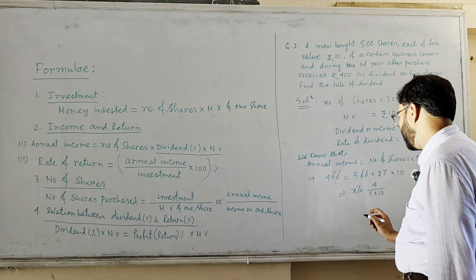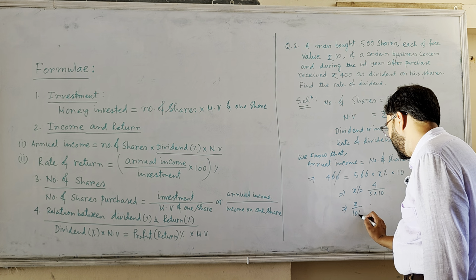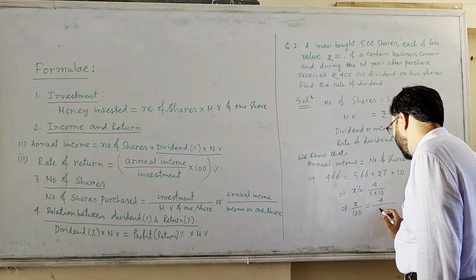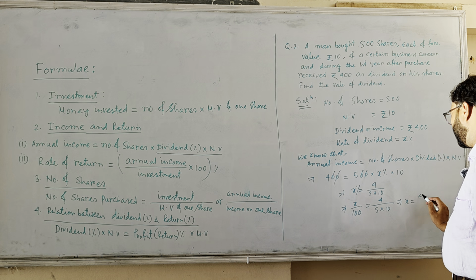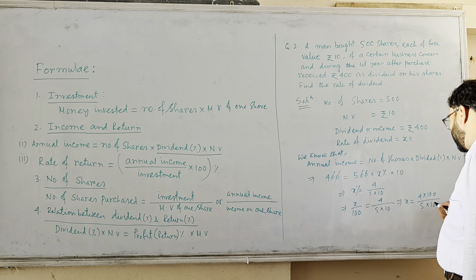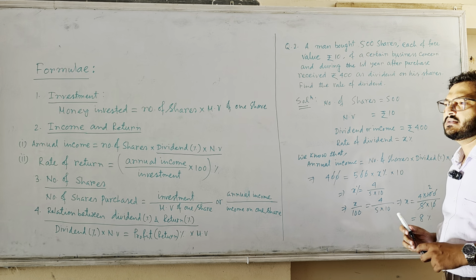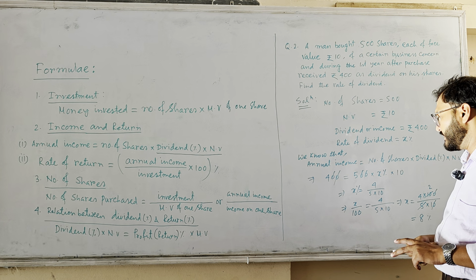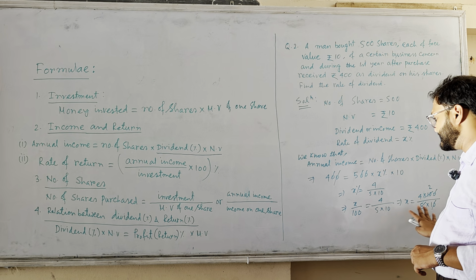So x by 100 equals 4 by 5 into 10. So x equals 4 into 100 by 5, so 8 percentage. Okay, x percent means x by 100. So this is the calculation.